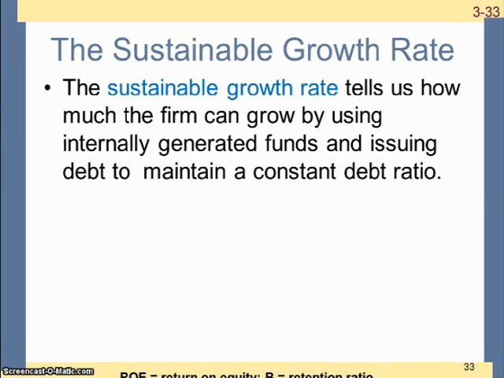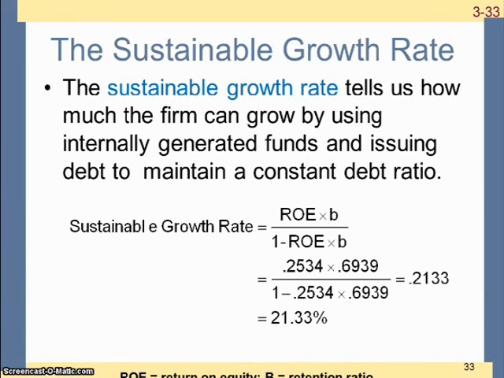This formula assumes that the firm wants to maintain a target capital structure without issuing any new equity and maintain a debt equity ratio. Alright, so you can get the ROE figure from the previous slides and B from the previous slides. Alright, after combining you get a rate of 21.33%.